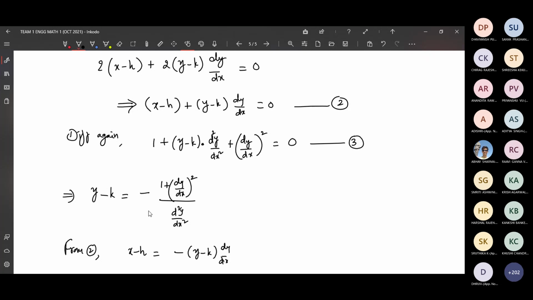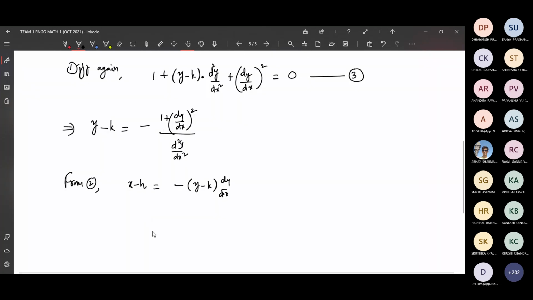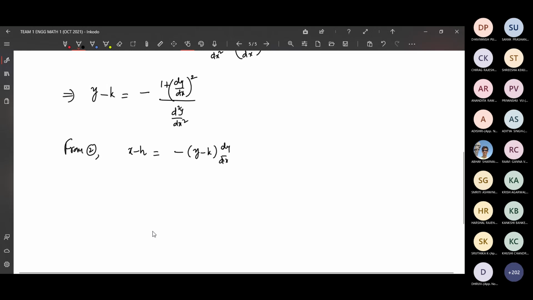But y minus k is already available here. Therefore, I'll just substitute y minus k; minus of minus, you will get plus here. So this is nothing but dy by dx into 1 plus dy by dx whole square by d square y by dx square.